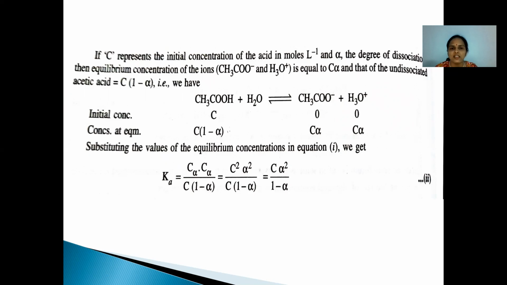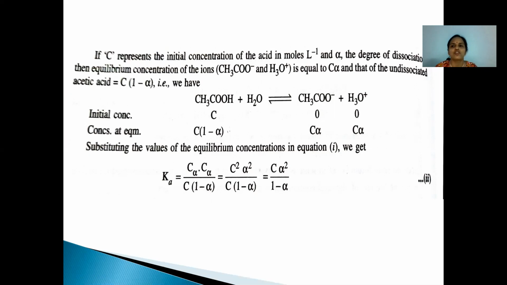So when I see into this equation, CH3COOH plus H2O gives CH3COO- plus H3O+, the initial concentration of CH3COOH is C moles per liter. Concentration at equilibrium, since alpha moles of it get dissociated, remaining will be C into 1 minus alpha acetic acid, and formed CH3COO- is C alpha, and H3O+ formed is also C alpha.